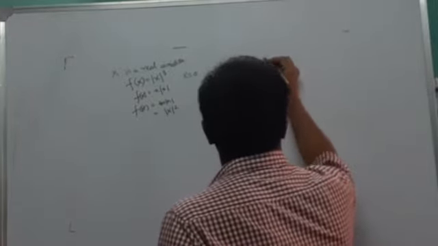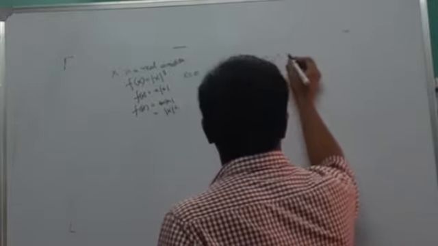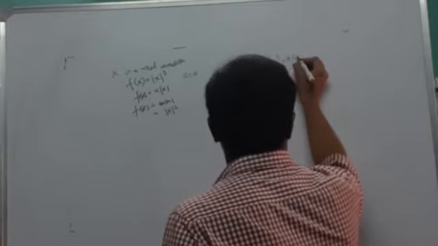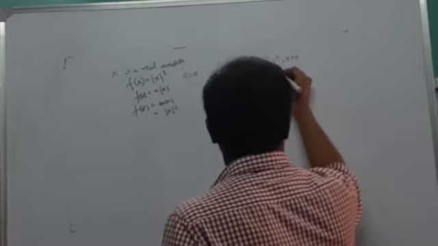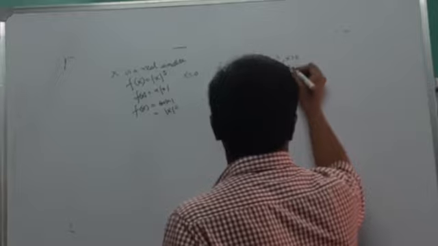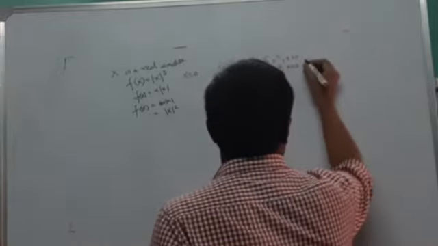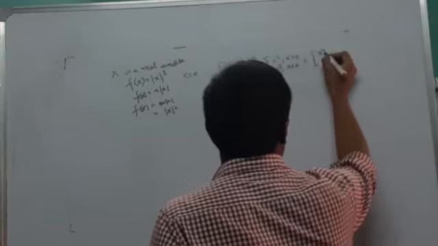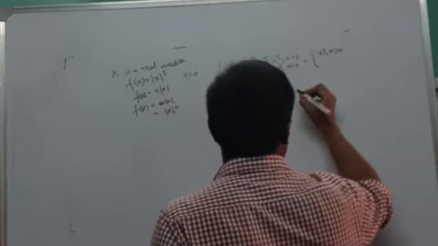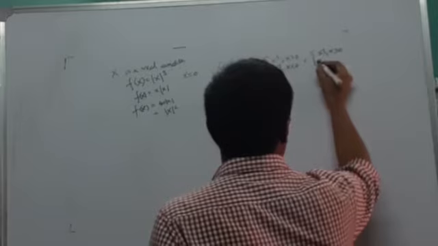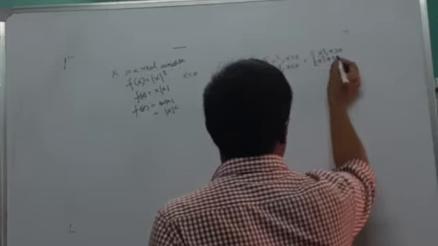This means mod of x cubed is equal to x cubed when x is greater than 0, minus x cubed when x is less than 0, which again means x cubed for x greater than 0, minus x cubed for x less than 0.